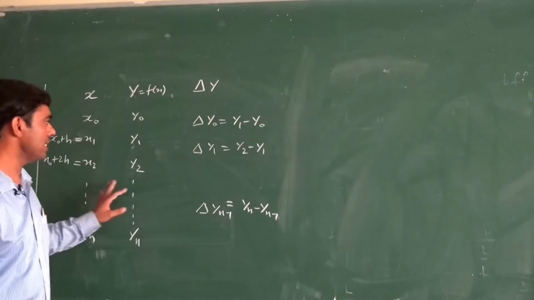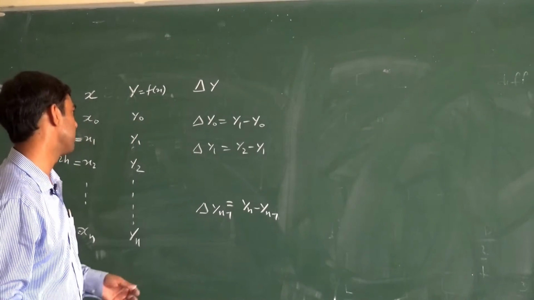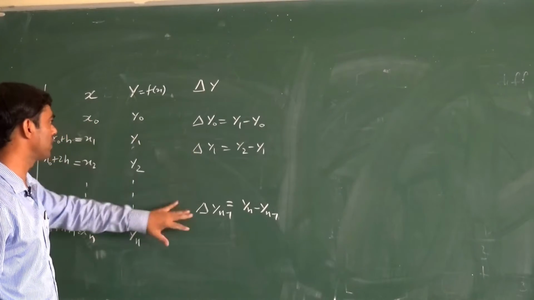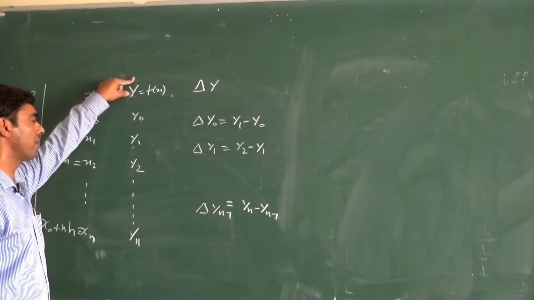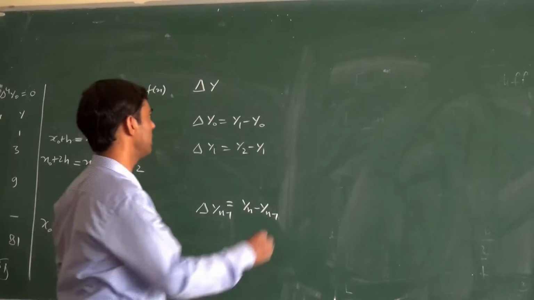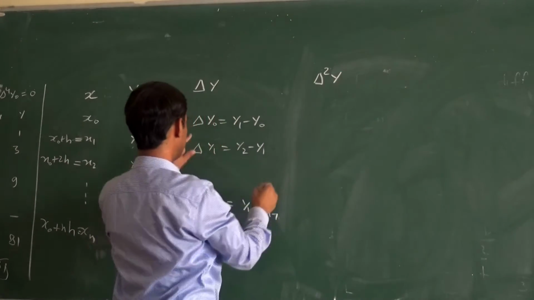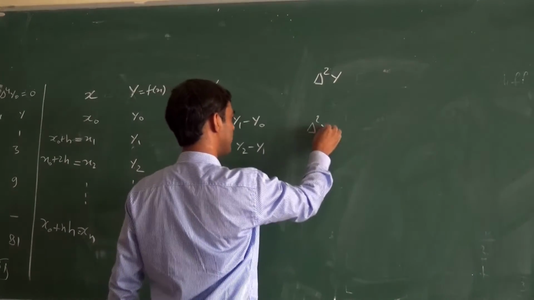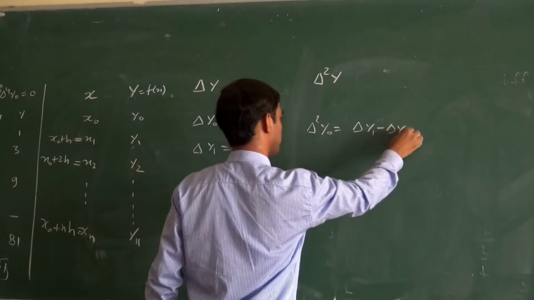So in each order there is one less entity, meaning one less term than the 0th order. This one is called the 0th order forward difference, and this one is the first order. Similarly, if we define the second order, del 2 y0 is del y1 minus del y0.